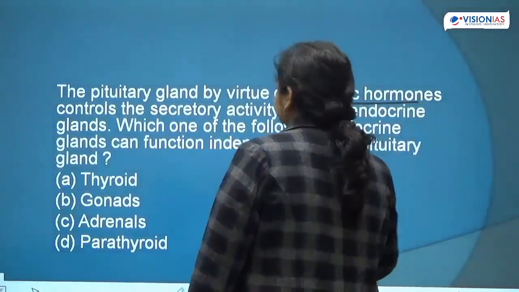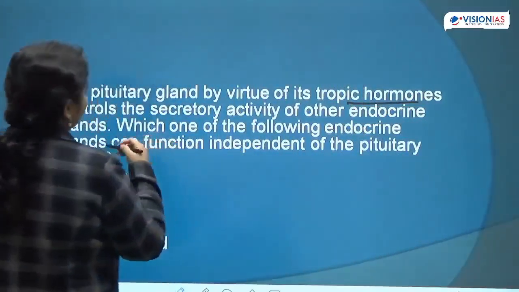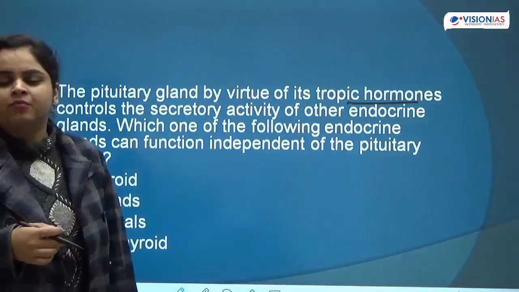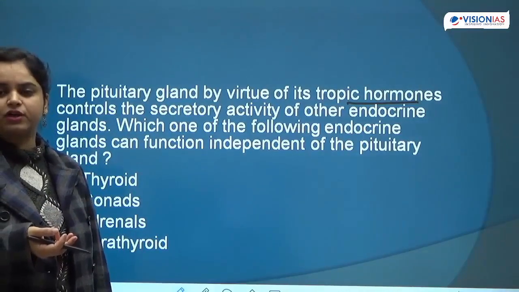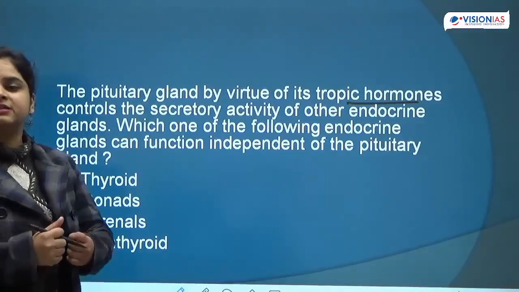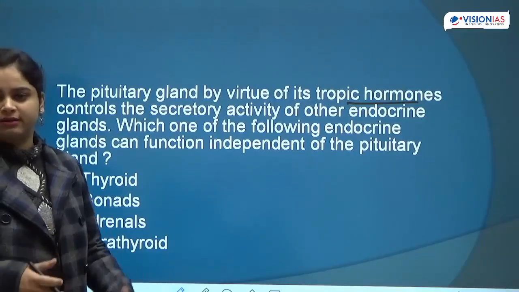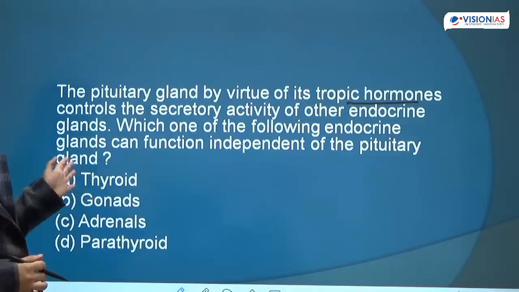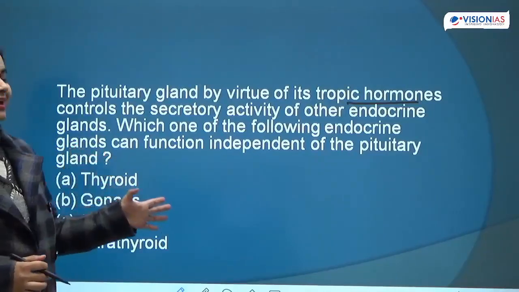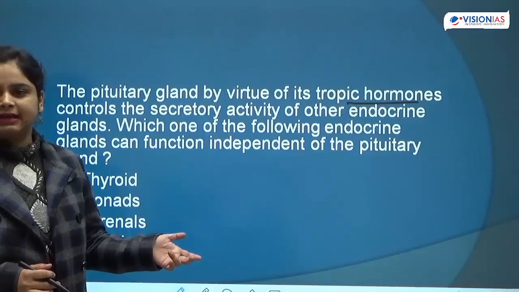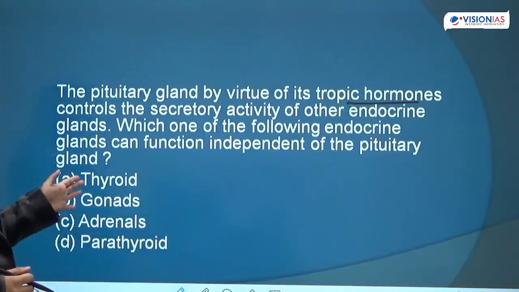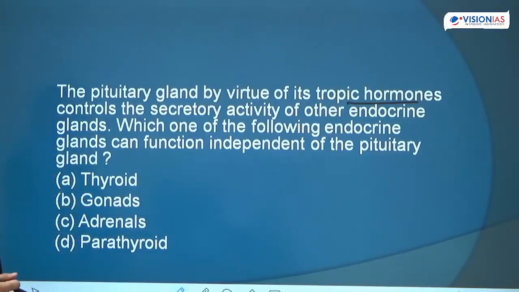Trophic hormone means the property where one endocrine gland stimulates another endocrine gland, or the working of another endocrine gland is based on one particular endocrine gland. Now we are talking about pituitary and the fact that it has trophic hormones which can affect the other glands. Now let's see what it is asking. Which one of the following endocrine glands can function independent of the pituitary gland?